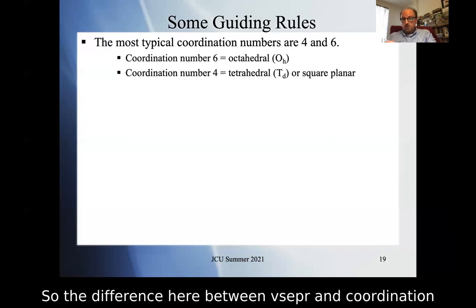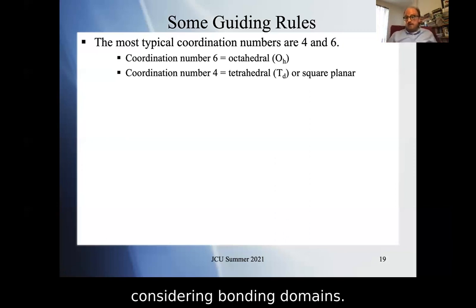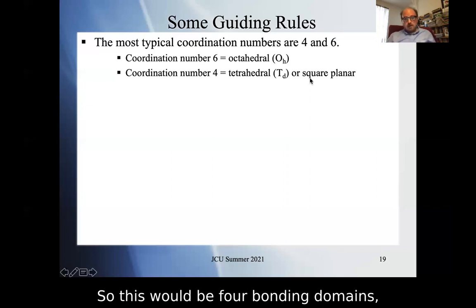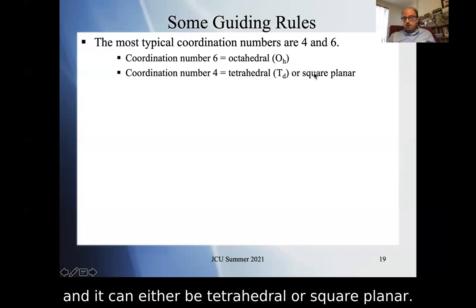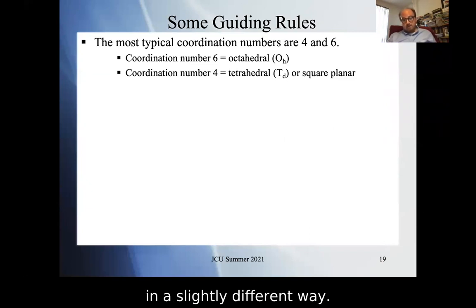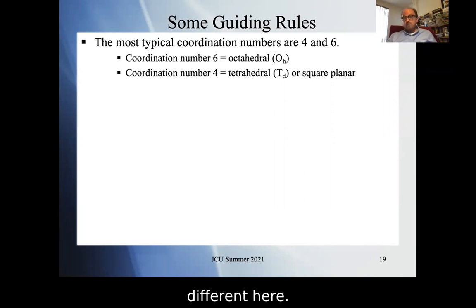So the difference here between VSEPR and coordination number of a complex is we are only considering bonding domains. We're not looking at lone pairs here. So this would be 4 bonding domains, and it can either be tetrahedral or square planar. Square planar VSEPR geometry comes about in a slightly different way, but that's where the context is important and a little bit different here.